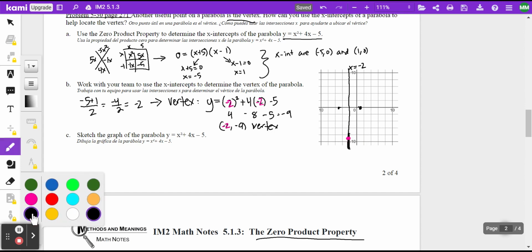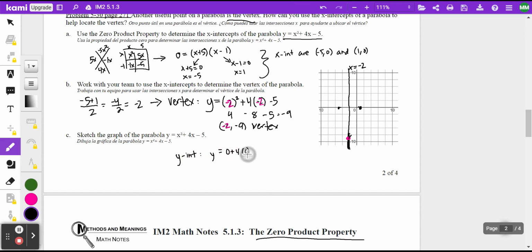Okay. Now to plot this, we should really know the y-intercept. Let's set x equal to 0. Y equals 0 plus 4 times 0 minus 5, which is -5. 0, -5.